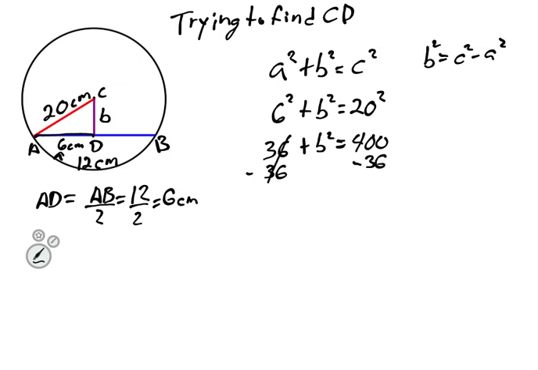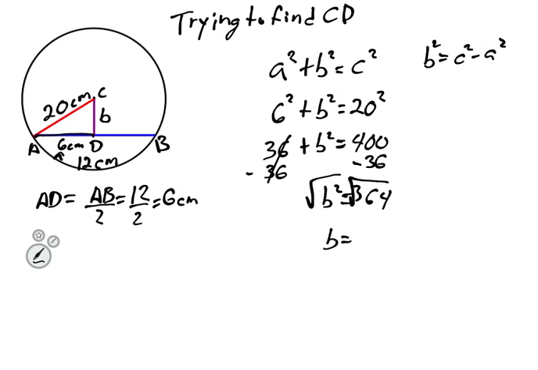36 minus 36 is 0. B squared. 400 minus 36 is 364. Then I take the square root of that.